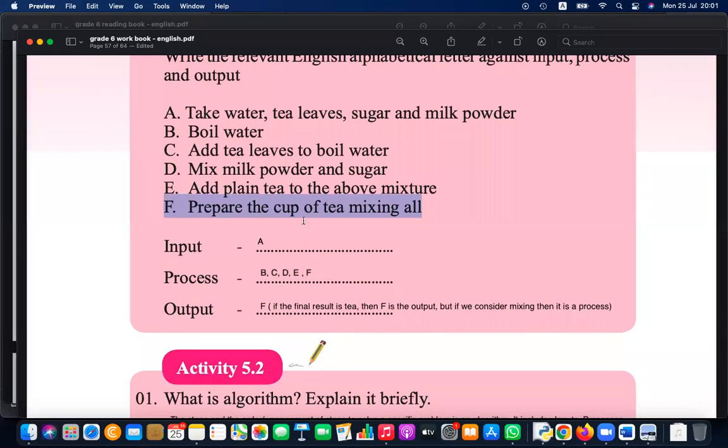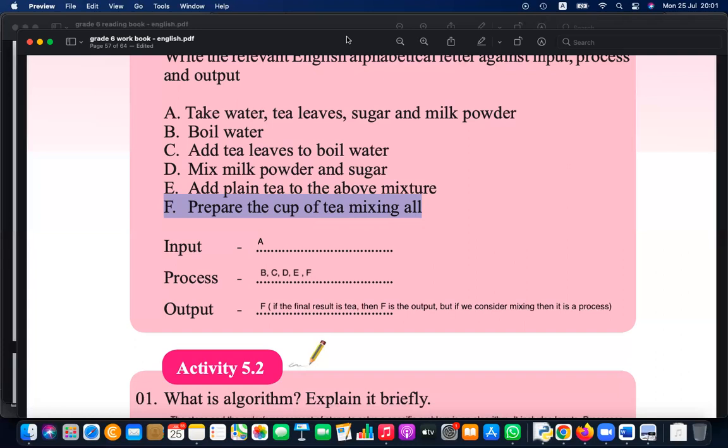Okay, 5.2. What is an algorithm? Can you tell me what is an algorithm? We have learned in the beginning of the chapter what an algorithm is.